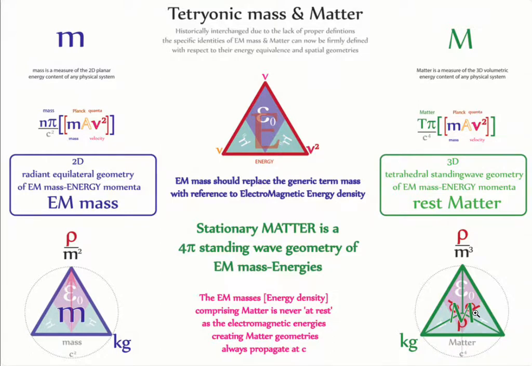It is a standing wave mass energy geometry in every sense of the word. The energy is never at rest, but the matter that it creates is at physical rest.